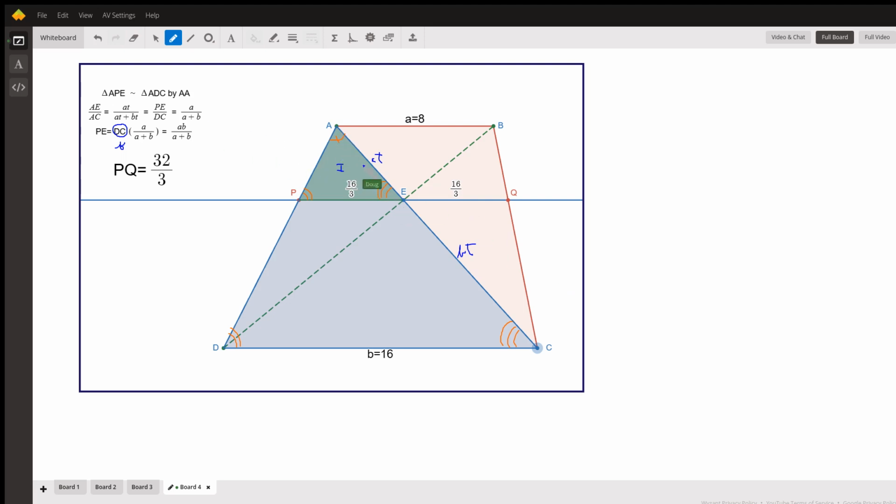So AE is to the entire AC as this ratio right here, but you can cancel out the T's, multiply both sides by DC, which is represented by B. And so each of these segments, PE and EQ, is AB over A plus B, regardless of the values of A and B, as long as you're forming a trapezoid.